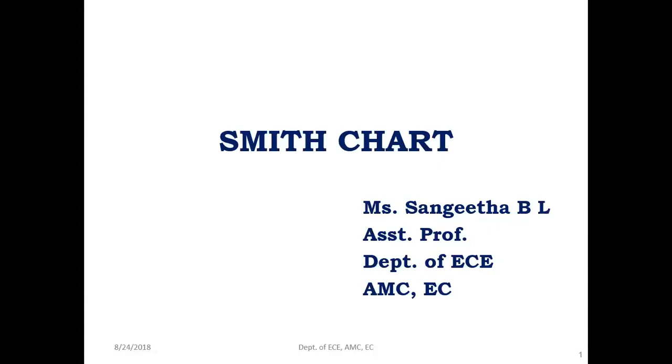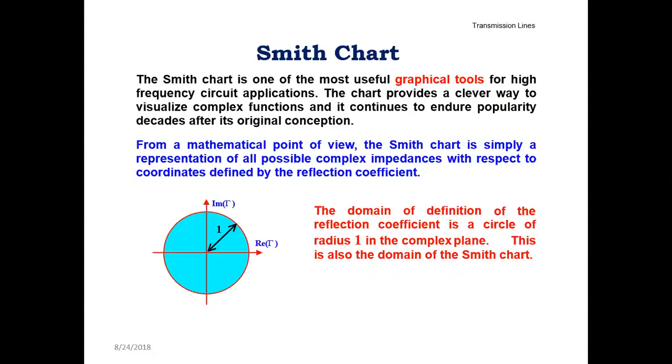So a scientist called Smith identified a chart, the Smith chart, so that you can solve complicated transmission line problems. The name of the scientist is Philip H. Smith. He devised a simple graphical tool, mainly used to present the graphical solution of transmission line problems.